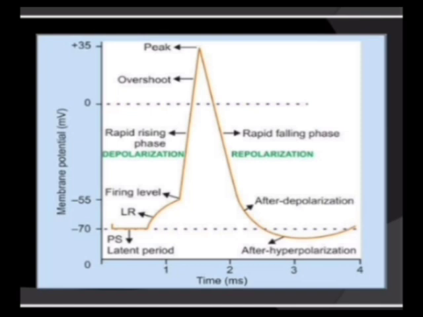This repolarization can even graduate to hyperpolarization, where you now have excessive negatively charged ions inside the cell as compared to the positively charged ions outside the cell. And sometimes it is due to the sodium potassium ATPase pump, which will bring out more sodium ions that had already entered the cell during depolarization.